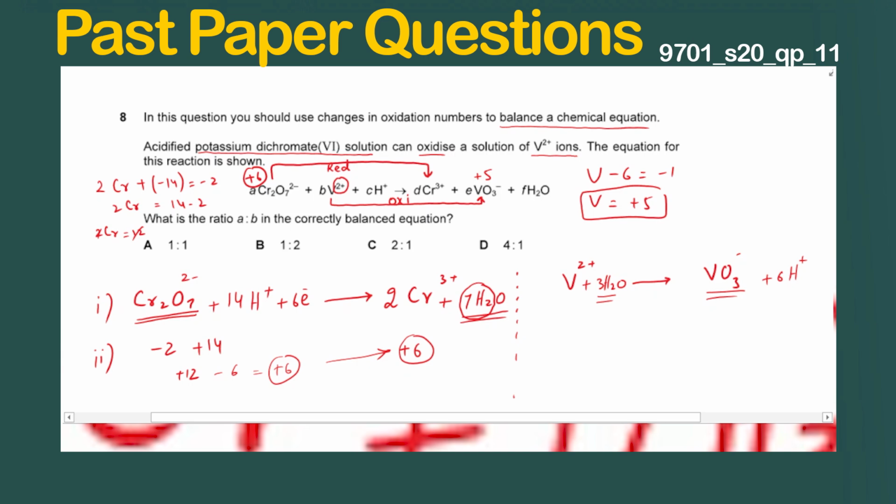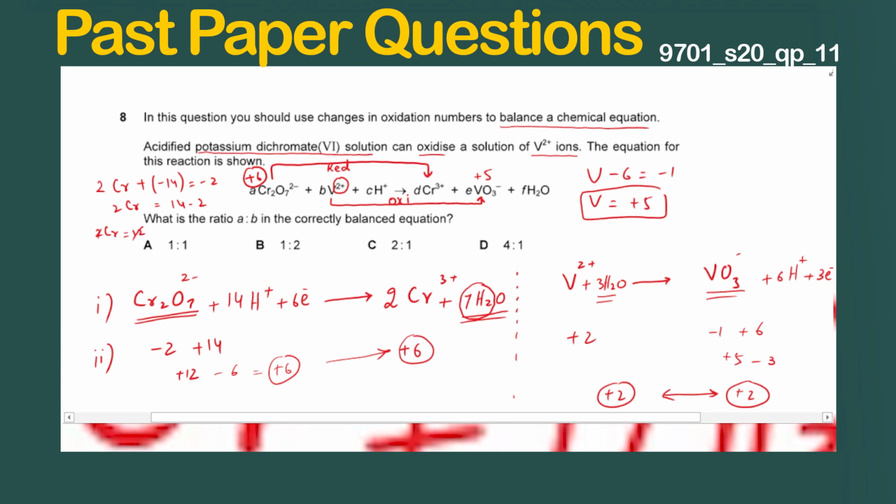On this side, we have only +2 charge. On this side, we have -1 and +6. It is equivalent to +5. So we have to put 3 electrons here, so that it becomes -3 and +2 we can get on both sides. In this way, the charges are balanced.